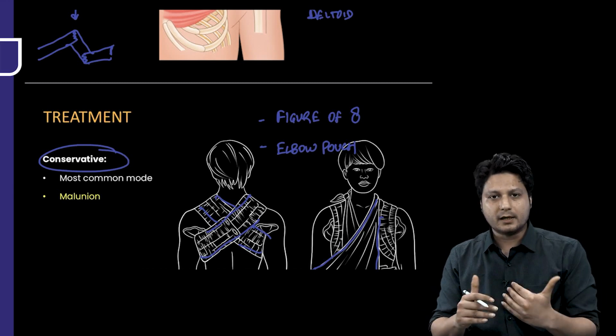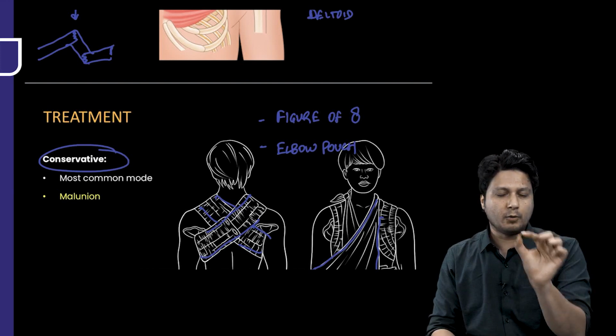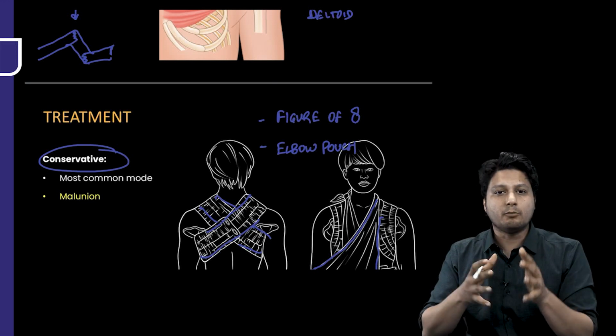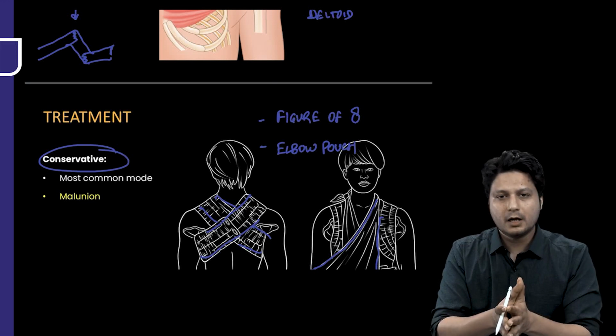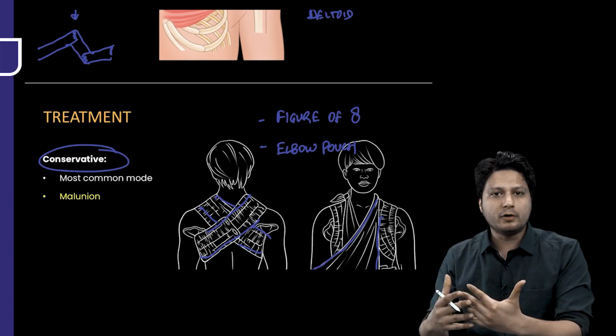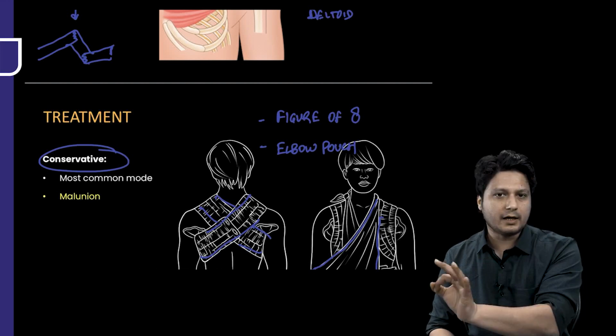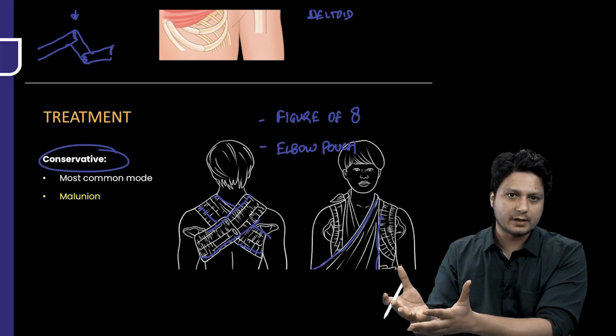Again, quickly, if we revise what we have talked about: the most common region of fractures of the clavicle we have talked about. Second is the most common method of management. The most common method of management is conservative. It is not a kind of bone which requires surgical fixation, because there are only several relative indications in which you have to perform surgery. Alright.